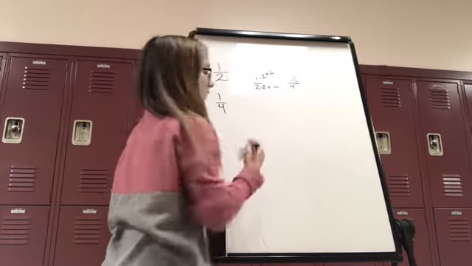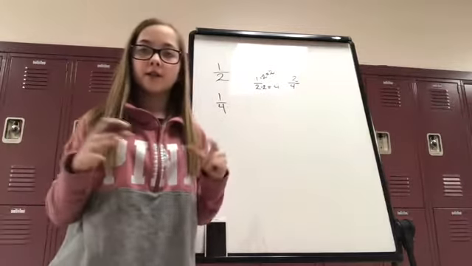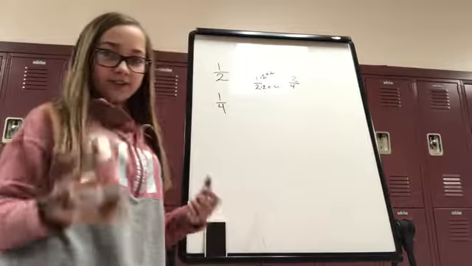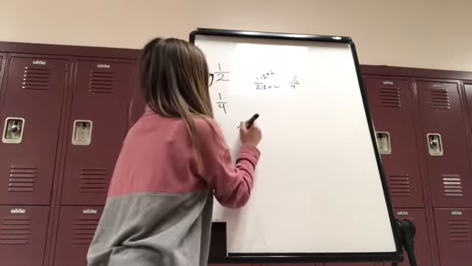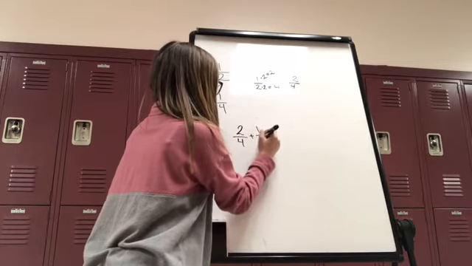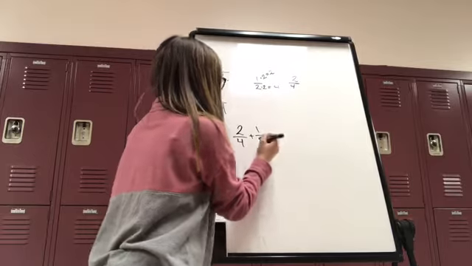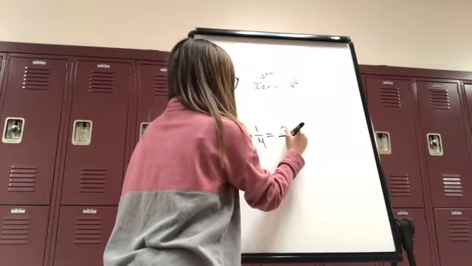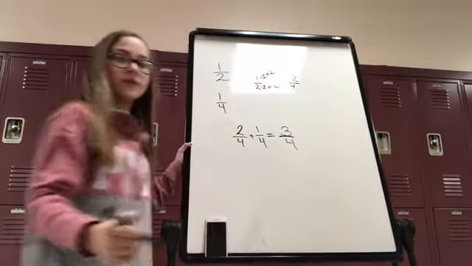And what you have to do in order to find altogether how much floor is covered in either carpet or tile is add 2/4 plus 1/4, which you can add straight across, just not the denominators. So in all, it would equal 3/4 of the floor is covered.